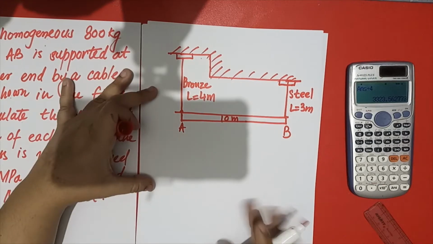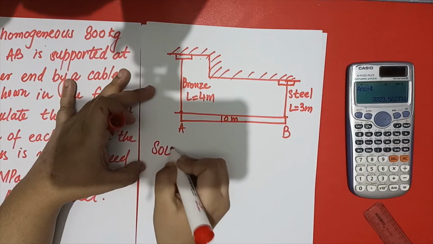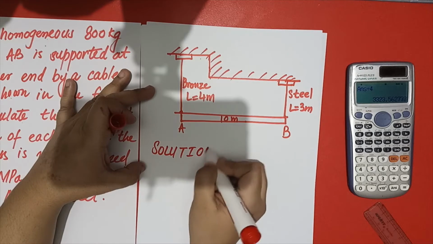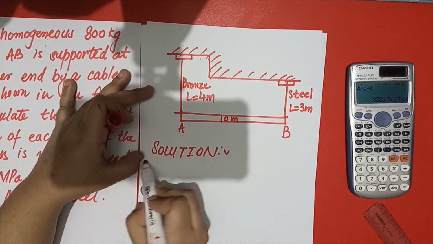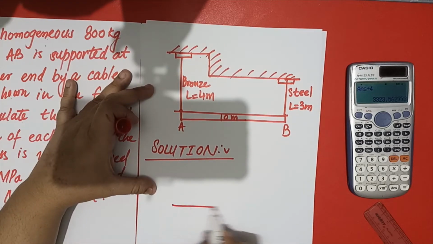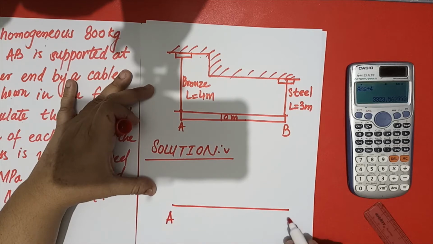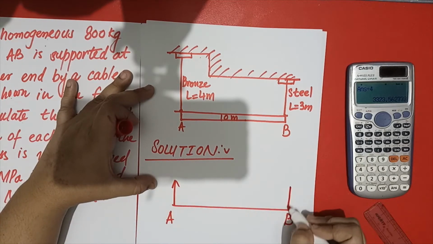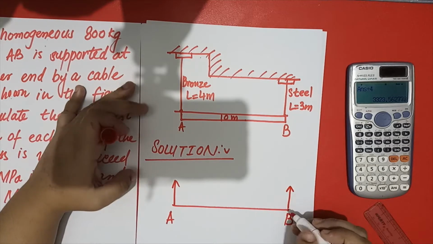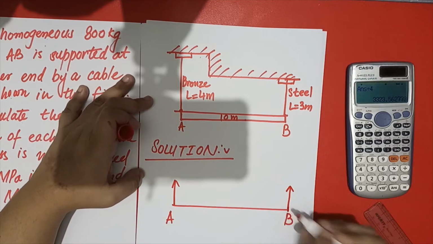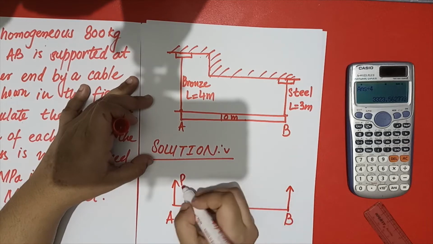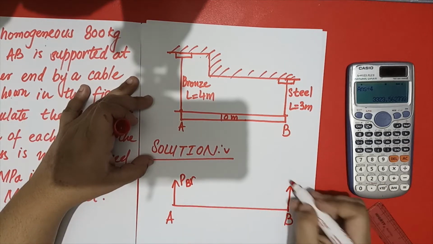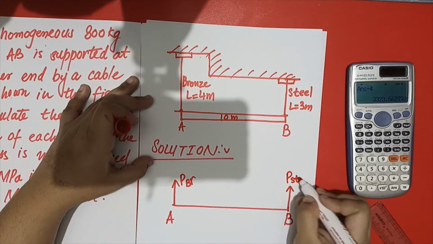At first, we have to make the free body diagram. This is A and this one is B. Obviously there is tension at both ends. You can write P or T, so P_BR and P_ST.